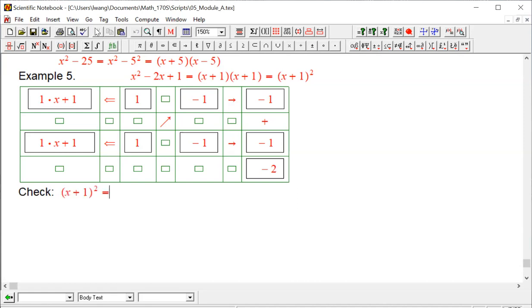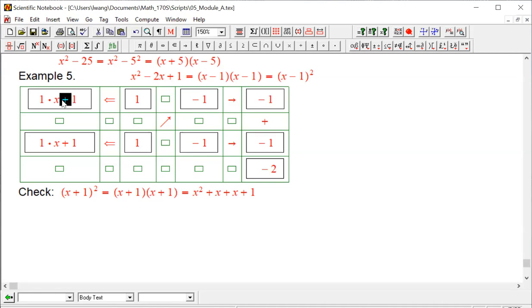And which is x plus 1 times x plus 1. Along the process, you probably realize, do we know a special formula that has something to do with this? Oh, wait a minute. I think I should have minus, sorry.